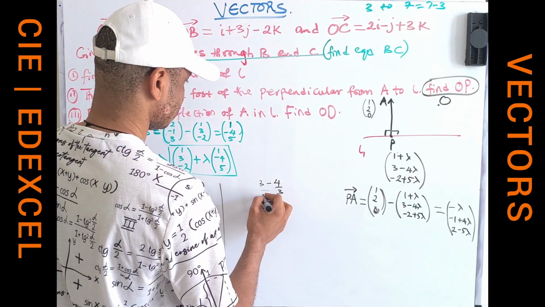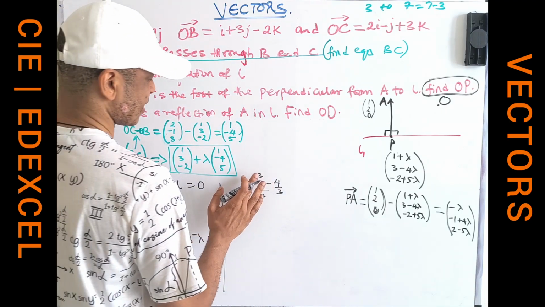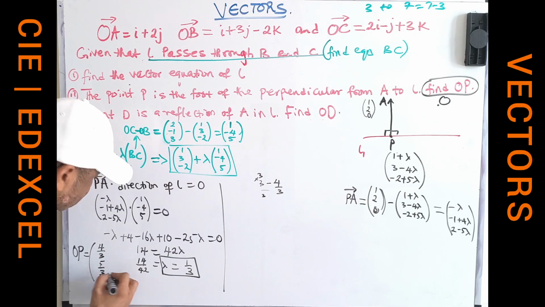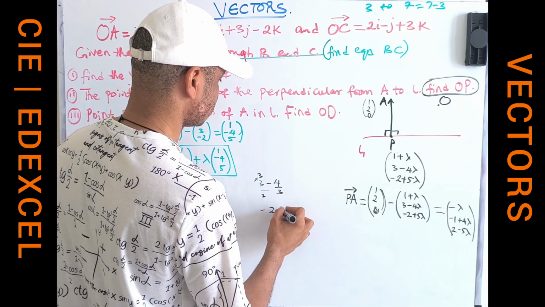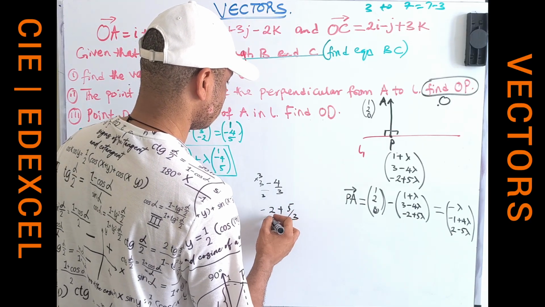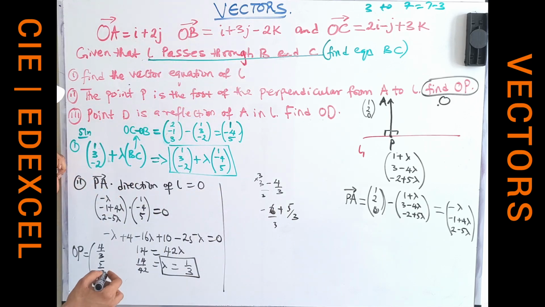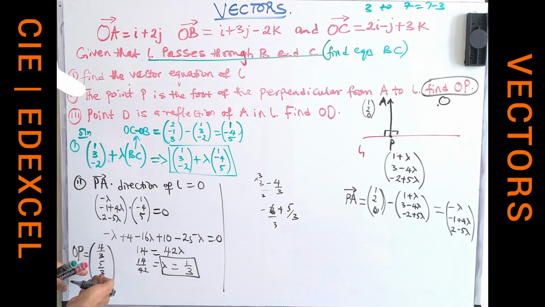So times 3 times 3, that will be 5 by 3, because this will be 9. You can use your calculator, I'm just doing mental math. Then minus 2 plus 5 by 3, so that will be 6 here. So this is my answer. You can write it like this, or you can bring the 1 by 3 out, right? 4, 5, minus 1.